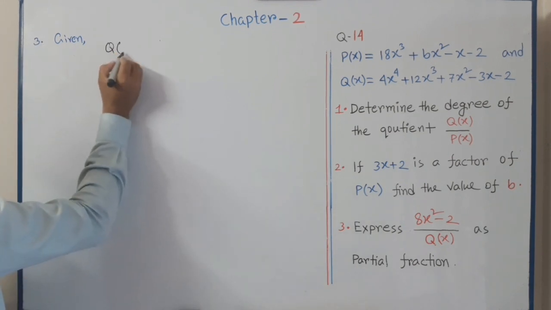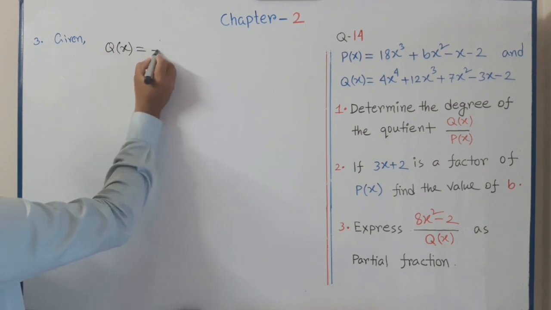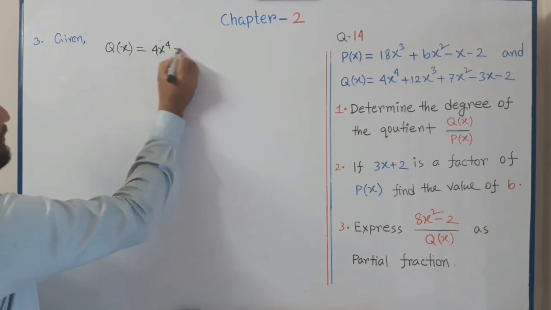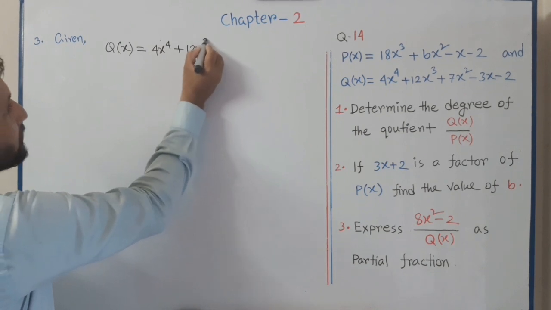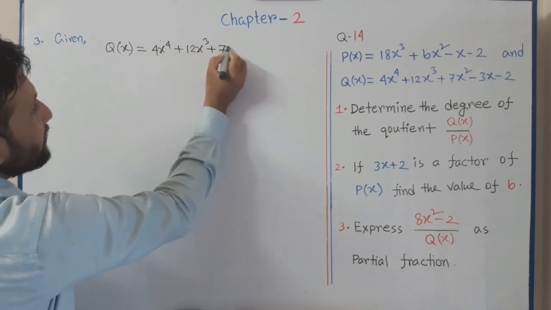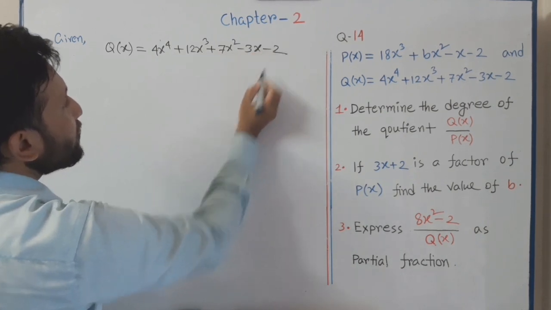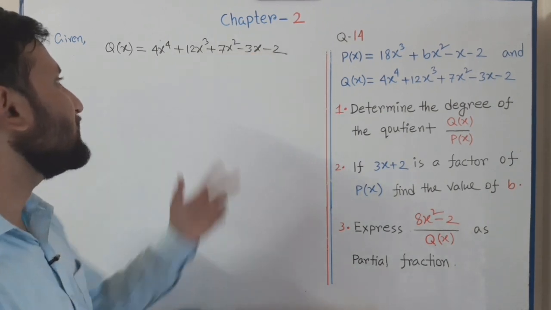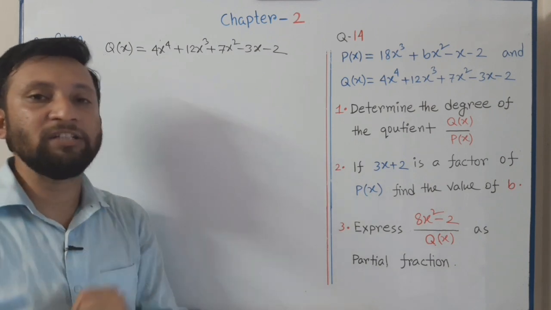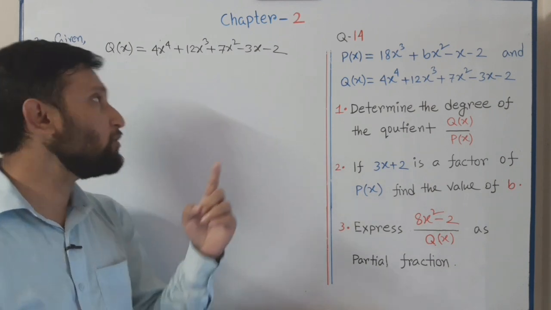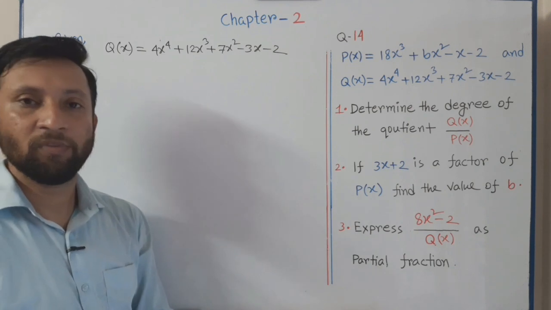So the polynomial is q(x) equal to 4x to the power 4 plus 12x cube plus 7x square minus 3x and then minus 2. So to factorize this polynomial, firstly we have to identify the value for which this polynomial will be 0. Okay.